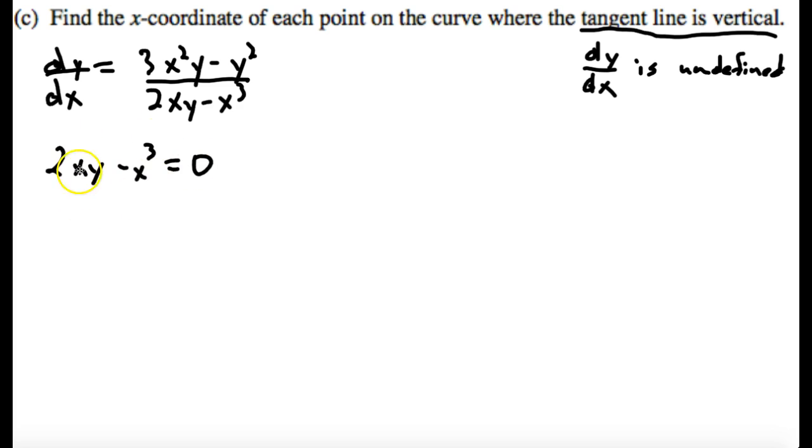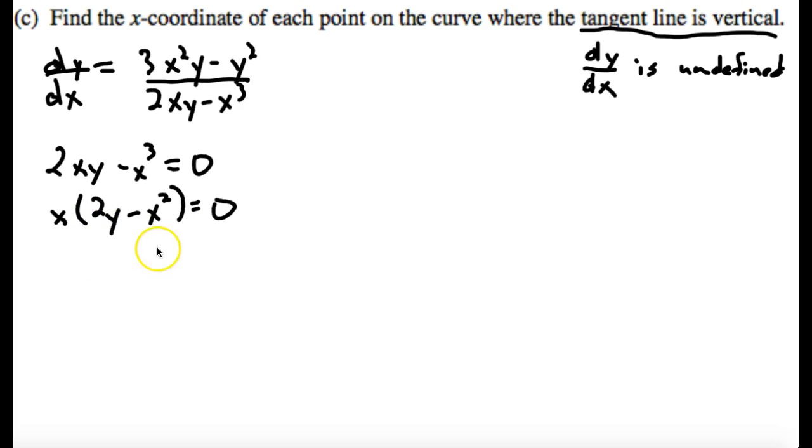So how do we solve something like this? Well, I want to try to factor it. I can take an x out of both of these terms. So if I take an x out, I'm left with 2y minus x squared equals 0. Right?